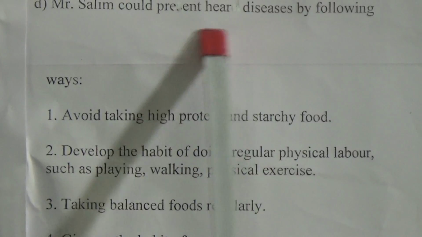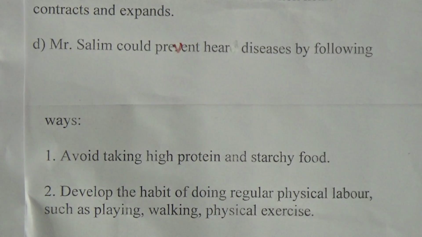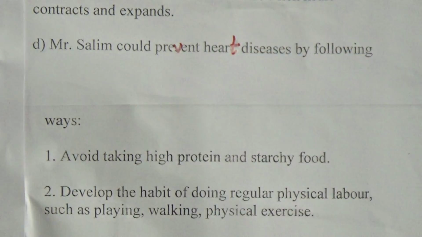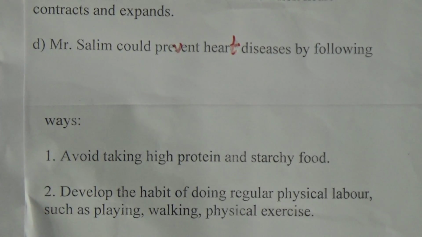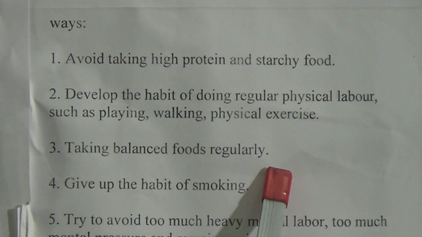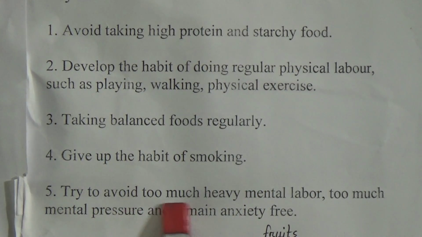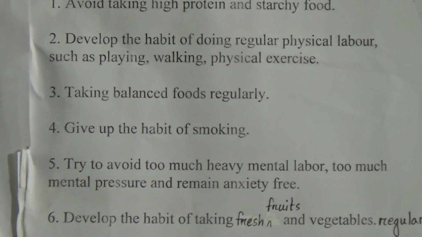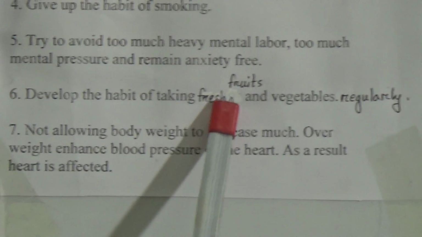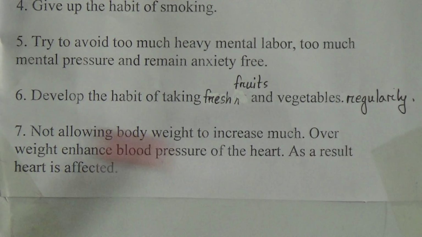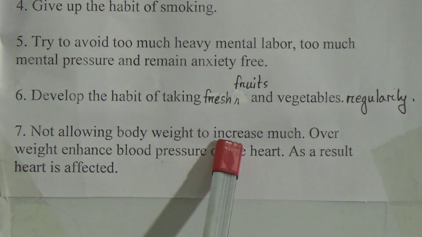The answer is, Mr. Selim could prevent heart diseases by following these ways. 1 number, avoid taking high protein and starchy food. 2 number, develop the habit of doing regular physical labor such as playing, walking, physical exercise. 3 number, take balanced foods regularly. 4 number, give up the habit of smoking. 5 number, try to avoid too much heavy mental labor and too much mental pressure and remain anxiety free. 6 number, develop the habit of taking fresh fruits and vegetables regularly. 7 number, do not allow body weight to increase much.